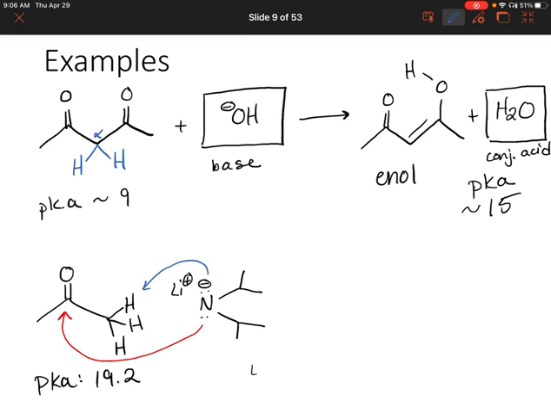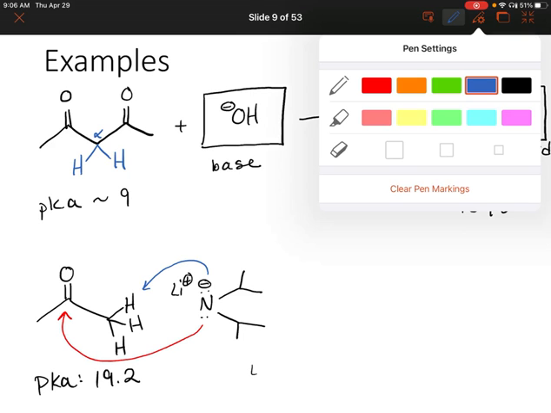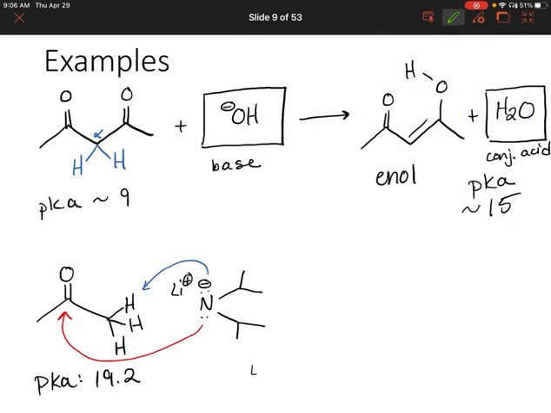However, we have those isopropyl groups attached to our base, and those are pretty bulky. So those bulky groups actually prevent nucleophilic attack.